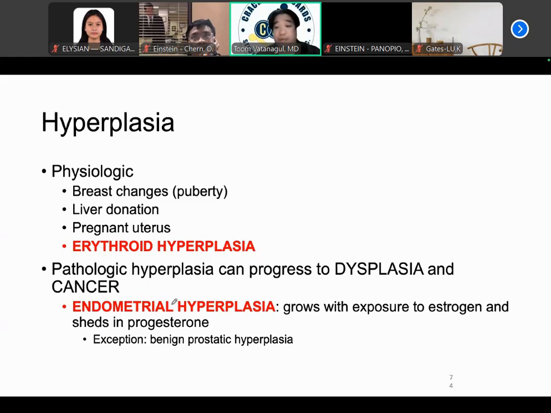This also includes the pregnant uterus, as I mentioned. And this also includes, in the new edition, erythroid hyperplasia. The reason that is highlighted is because that is what came out recently.